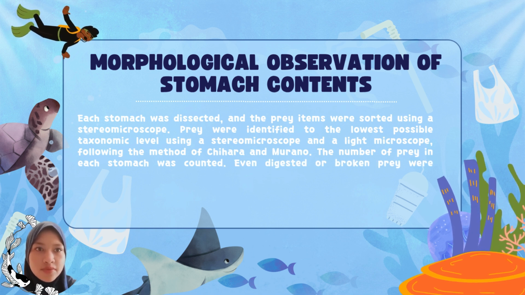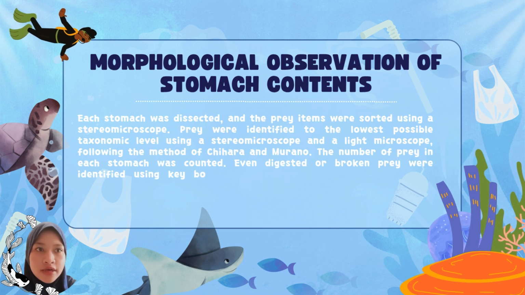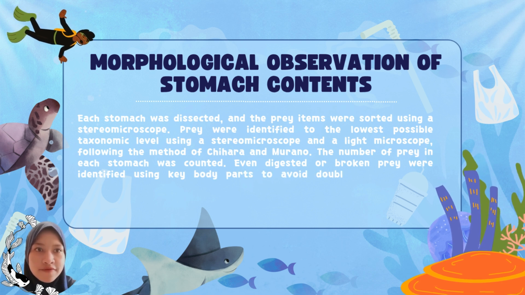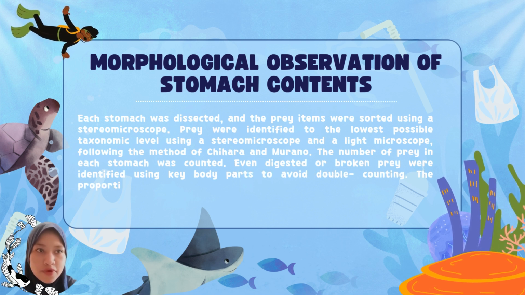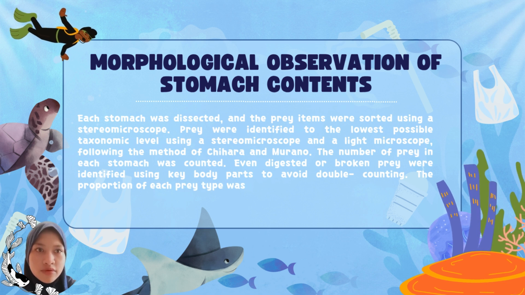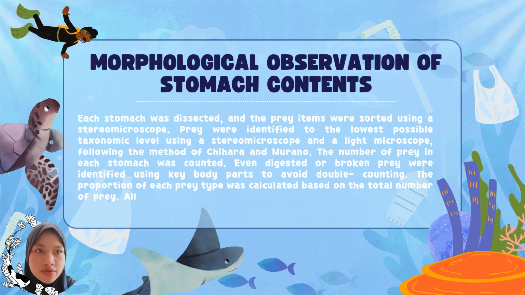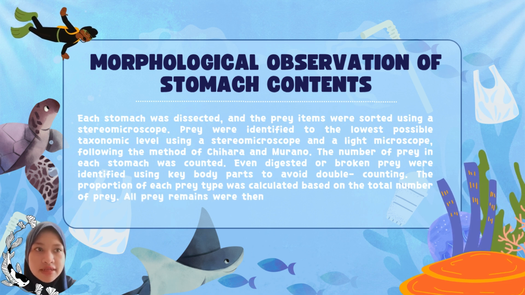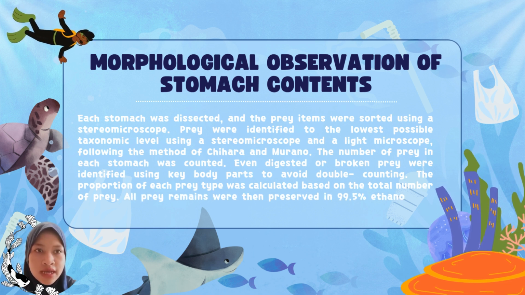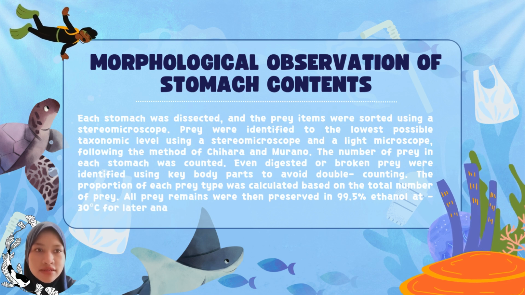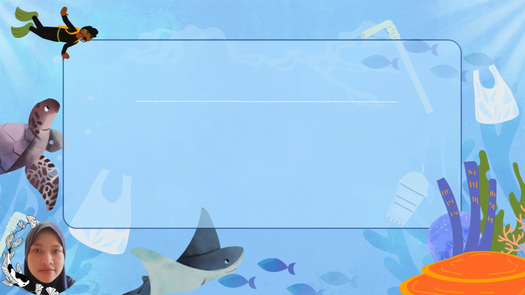Even digested or broken prey were identified using key body parts to avoid double counting. The proportion of each prey type was calculated based on the total number of prey. All prey remains were then preserved in 99.5% ethanol at negative 30 degrees Celsius for later analysis.